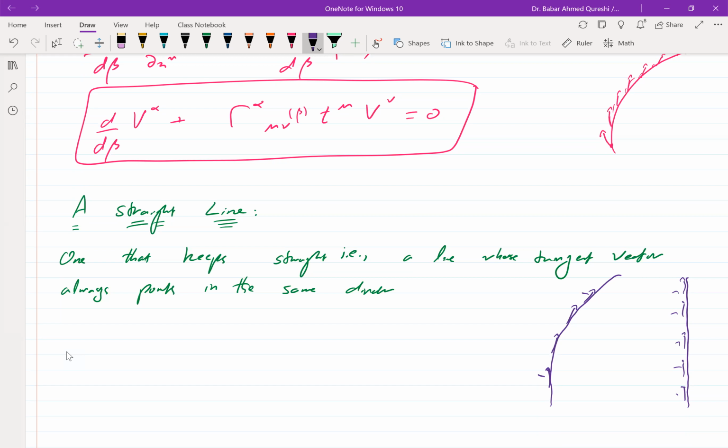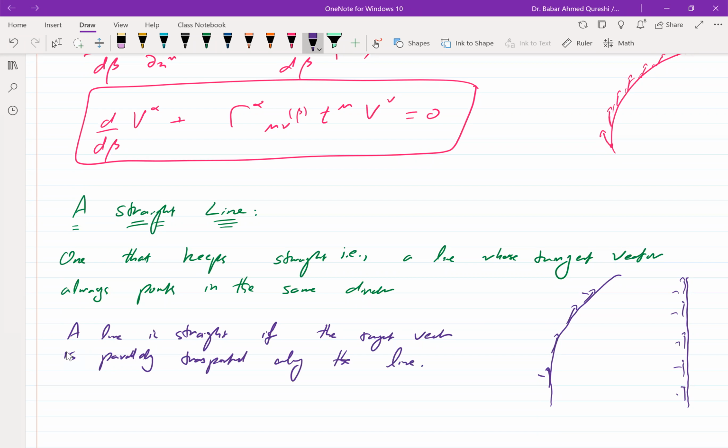So you can say that a line is straight if the tangent vector is parallelly transported along the line. You have already set up a field because it's the field of the tangent vectors along the line.